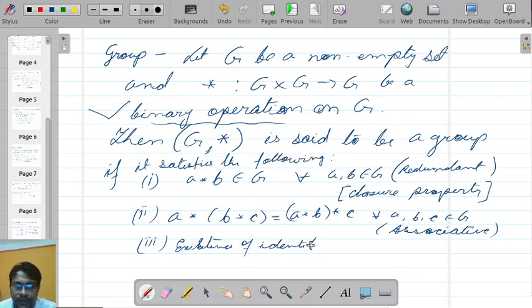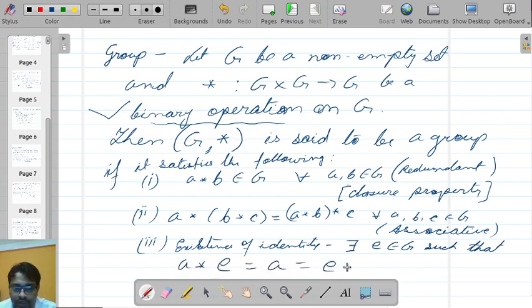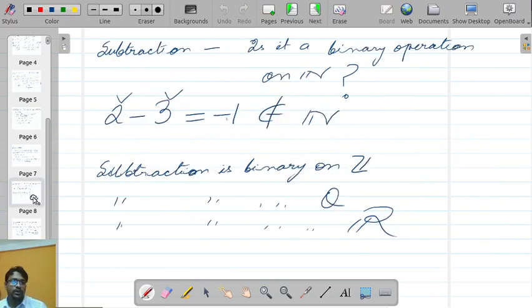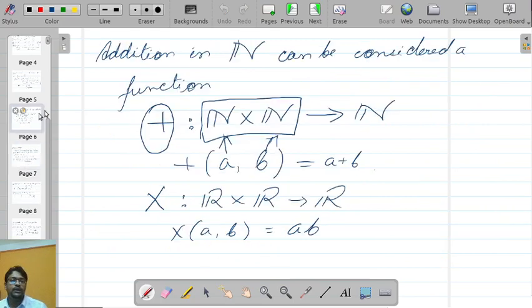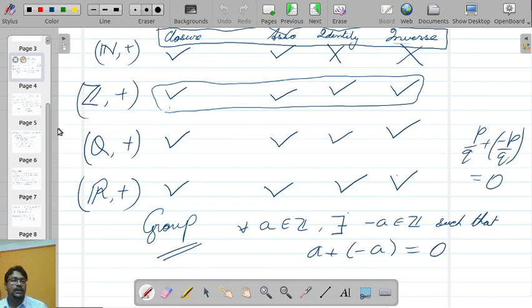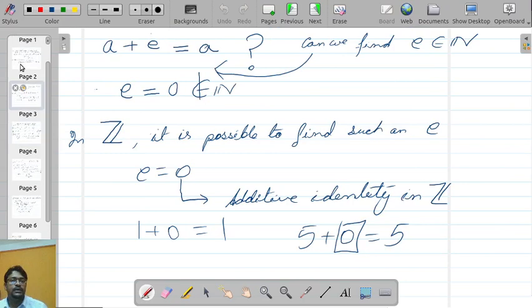Existence of identity means there exists an element E inside G such that A star E is same as A, which is equal to E star A, for every A inside G. If you want to relate, I had already discussed this in our earlier pages.